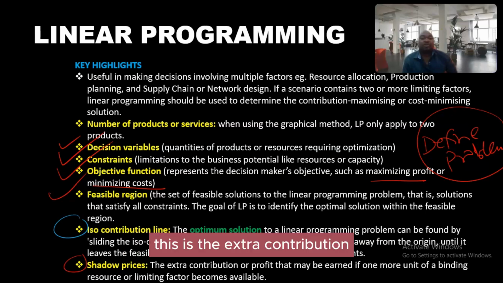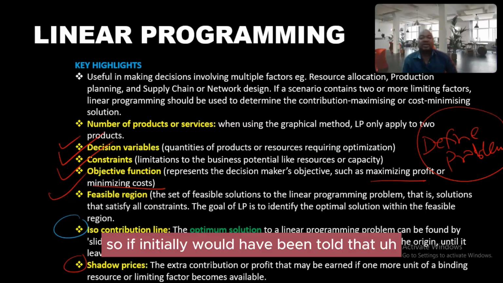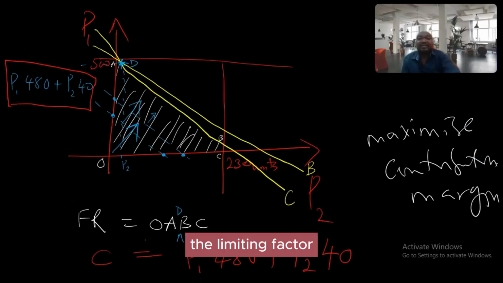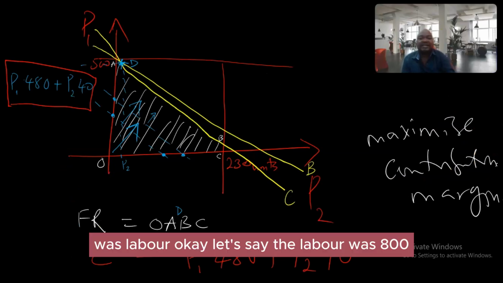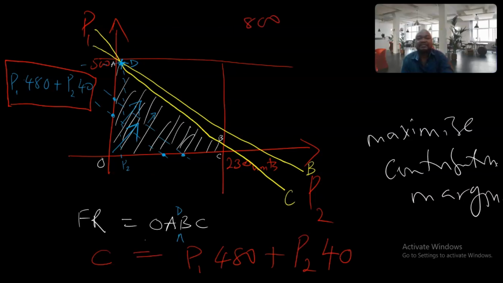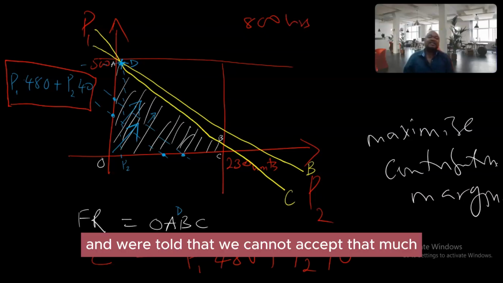This is the extra contribution or profit that may be earned if one more unit of a binding resource or limiting factor becomes available. So if initially we had been told that the limiting factor was labor, let's say 800 hours, and that we cannot exceed that much.